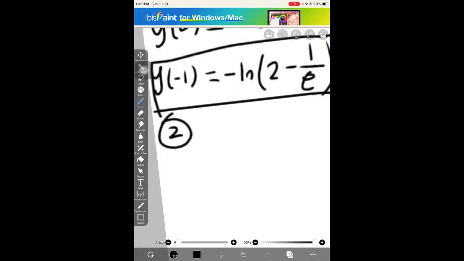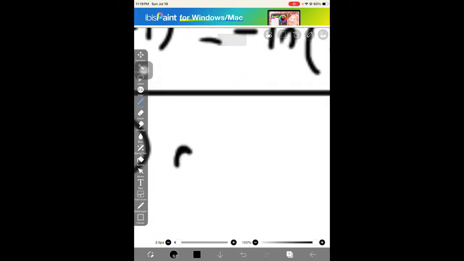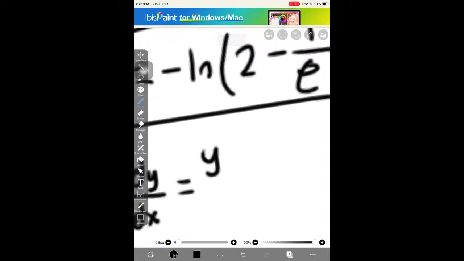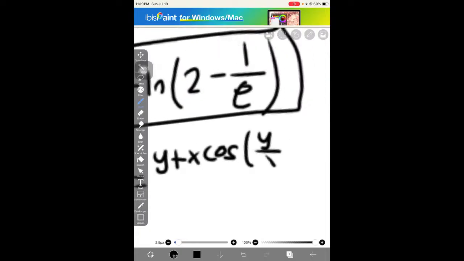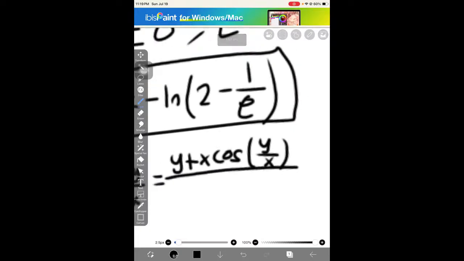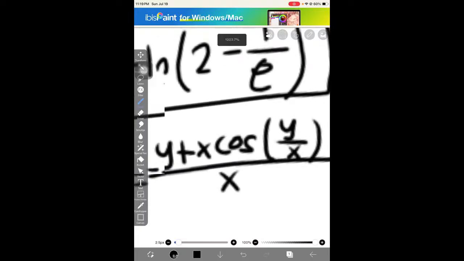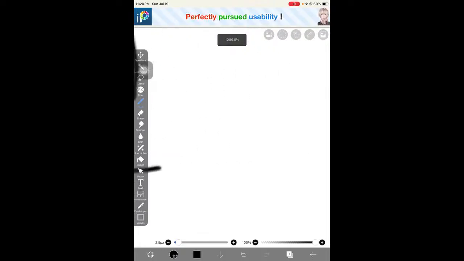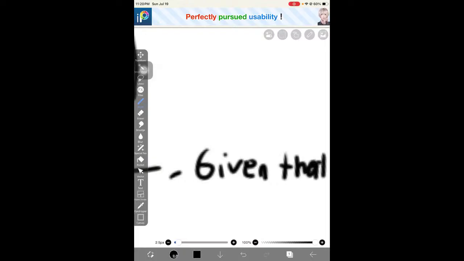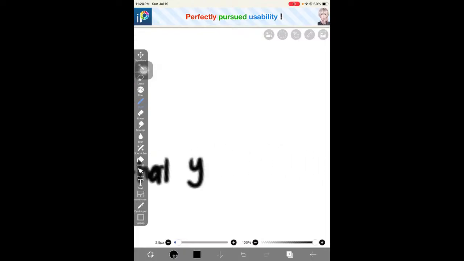The lab computer reports that dy over dx is equal to y plus x cosine of y over x, all over x, given that y is equal to 0 when x is equal to 1.